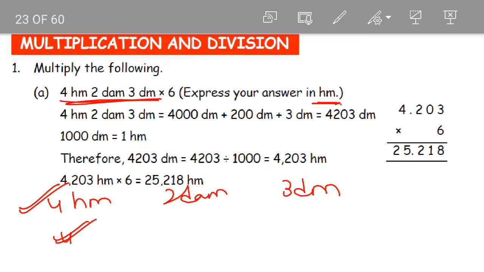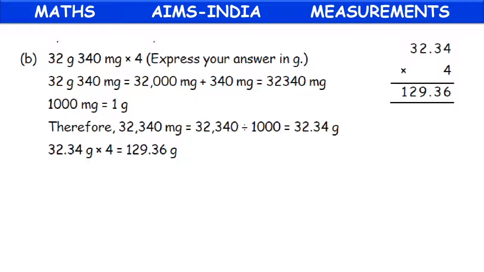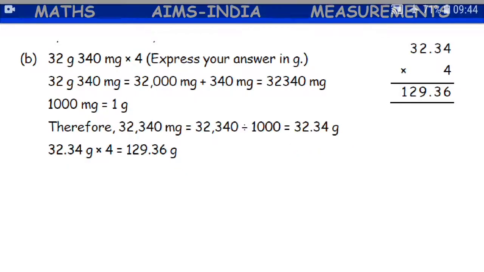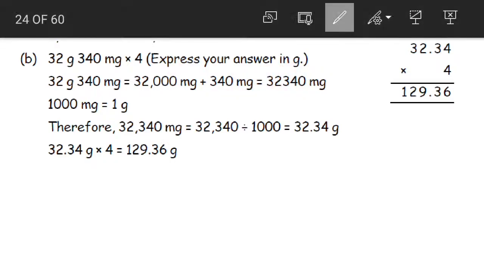So these are the two ways in which you can do the multiplication of measurements. Now here is another question, children, of the same kind. This is 32 grams 340 milligrams multiplied by 4. We have to express our answer in grams. Now again here in the question, what did they do? The smaller unit of measurement is milligrams.